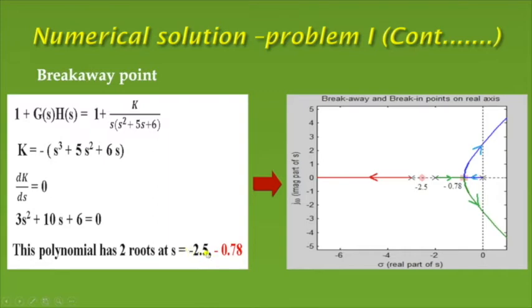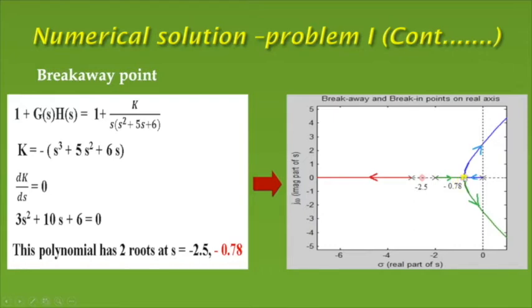Minus 2.5 is between minus 2 and minus 3, and there is no root locus there, so this is not a break-away point. But minus 0.78 exists here, that means this point is present on the root locus. So this is called the break-away point.